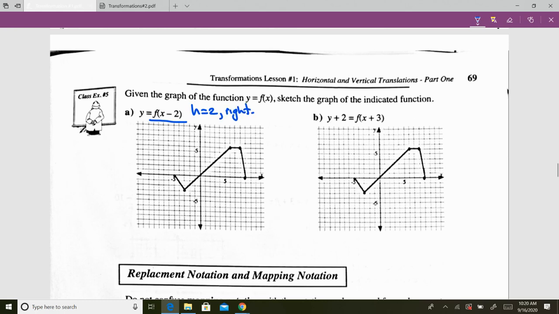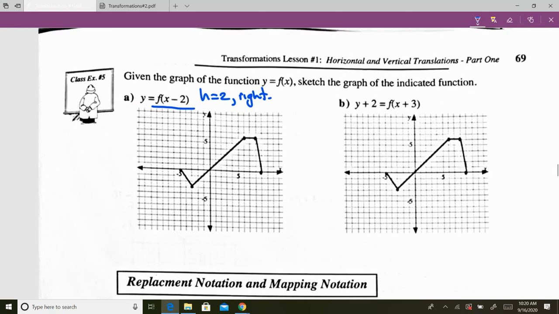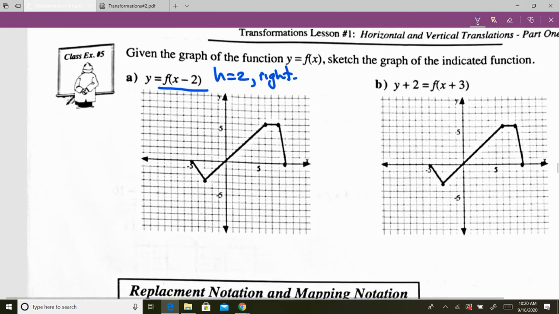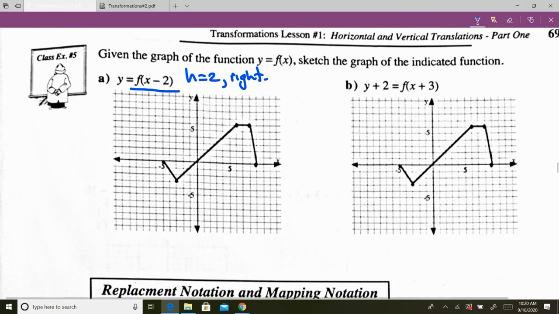So that means you move the whole graph 2 units to the right. So just take the key points and count over 1, 2, this 1, 2. So there's your new graph. That's it.